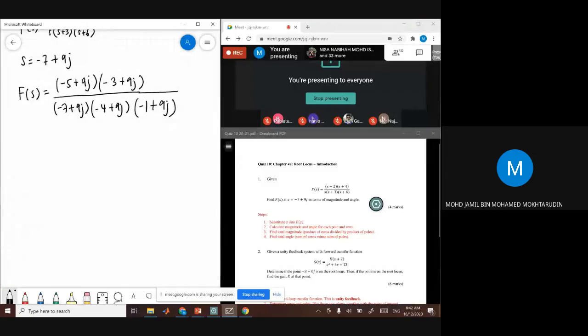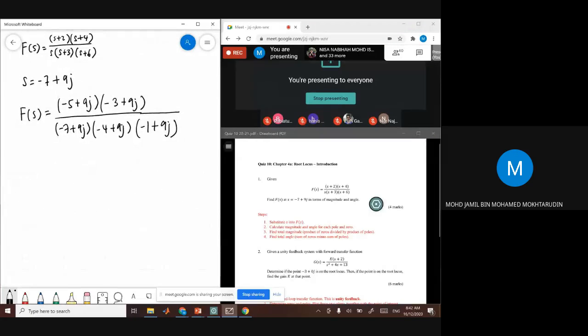Maybe we can start with the numerator. Numerator means you find the zero first. These are the zeros and these are the poles.